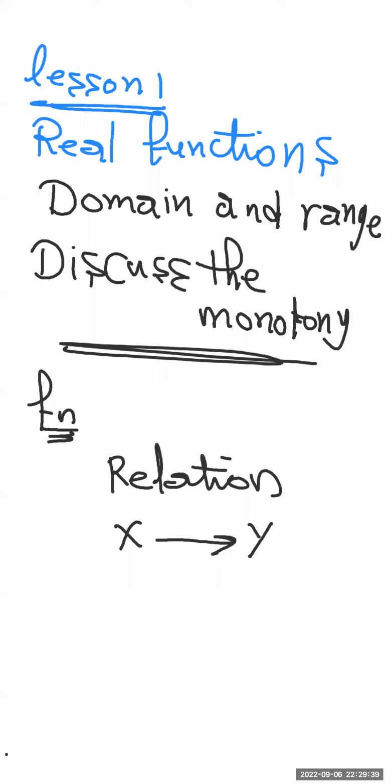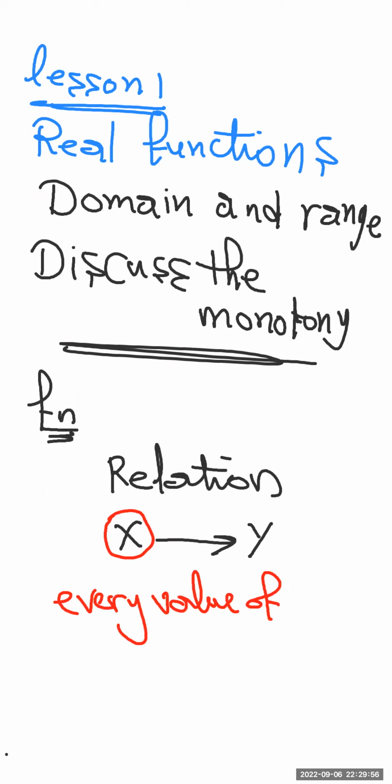Actually, there are two methods. The first one, algebraically. Algebraically means for this relation to be a function, every value of x has a unique value in y.